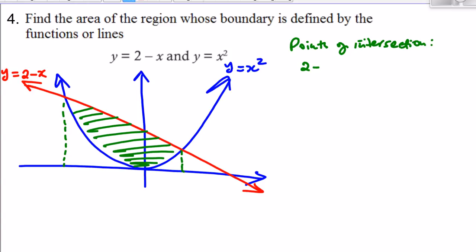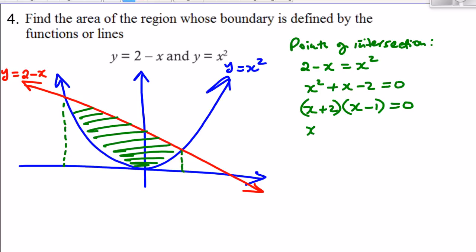So 2 minus x is equal to x squared at the point of intersection, which means that x squared plus x minus 2 is equal to 0. x plus 2, x minus 1 is equal to 0. So x is equal to negative 2 or x is equal to 1.